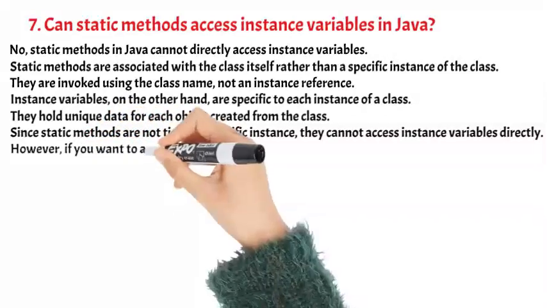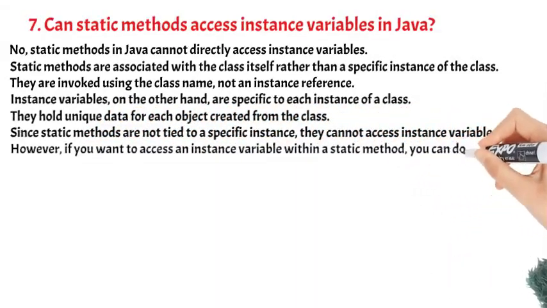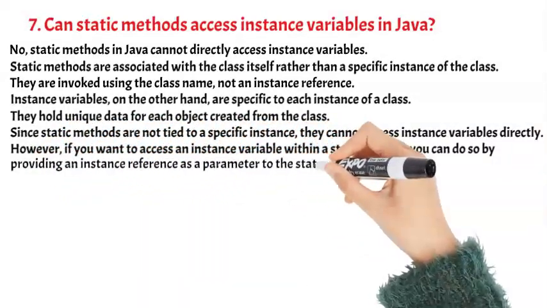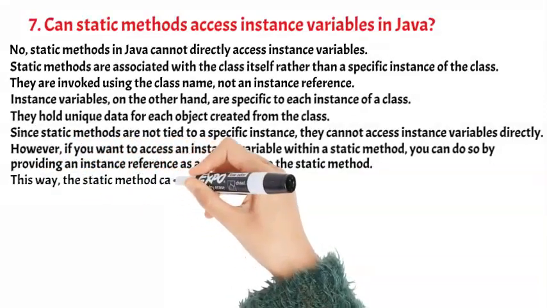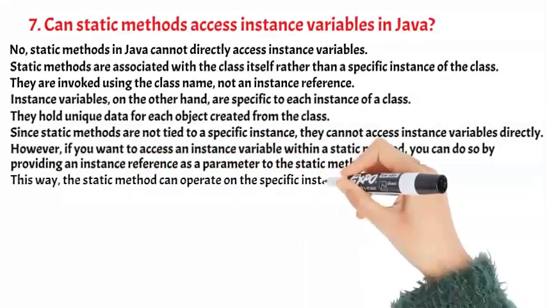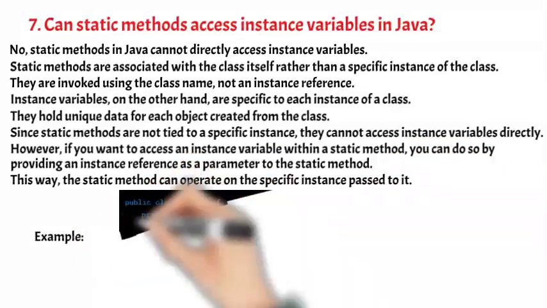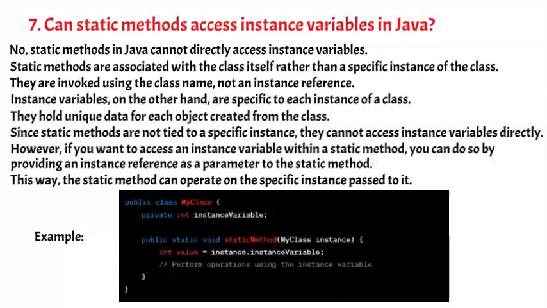However, if you want to access an instance variable within a static method, you can do so by providing an instance reference as a parameter to the static method. This way, the static method can operate on the specific instance passed to it. Example: in the above example, the static method takes an instance of my class as a parameter.